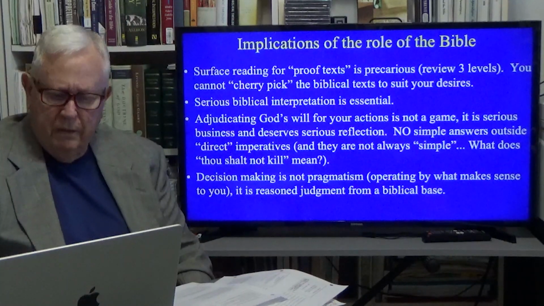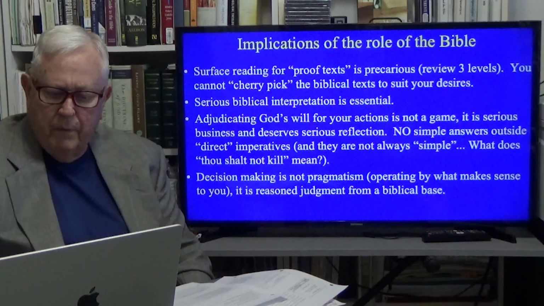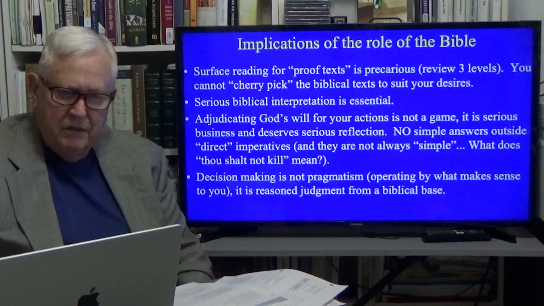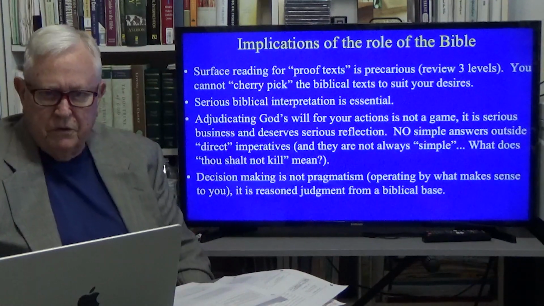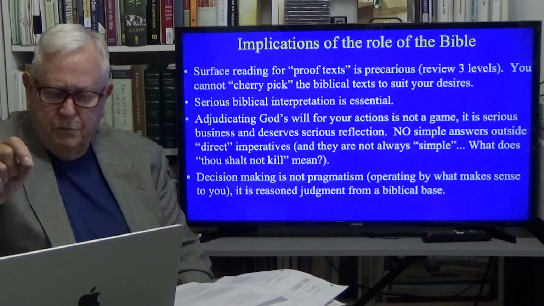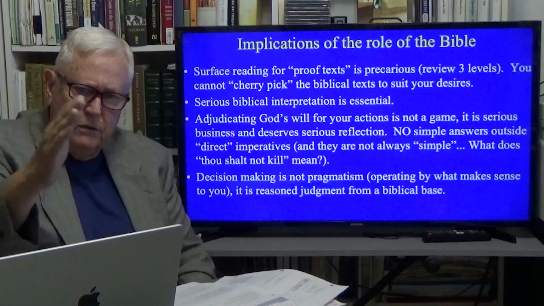Decision-making is not pragmatism. That is, pragmatism is operating by what makes sense. Maybe it makes sense to you, or it makes sense to the church. But that's not decision-making. Decision-making is reasoned judgment from a biblical base, and you have what we call lines of reason.